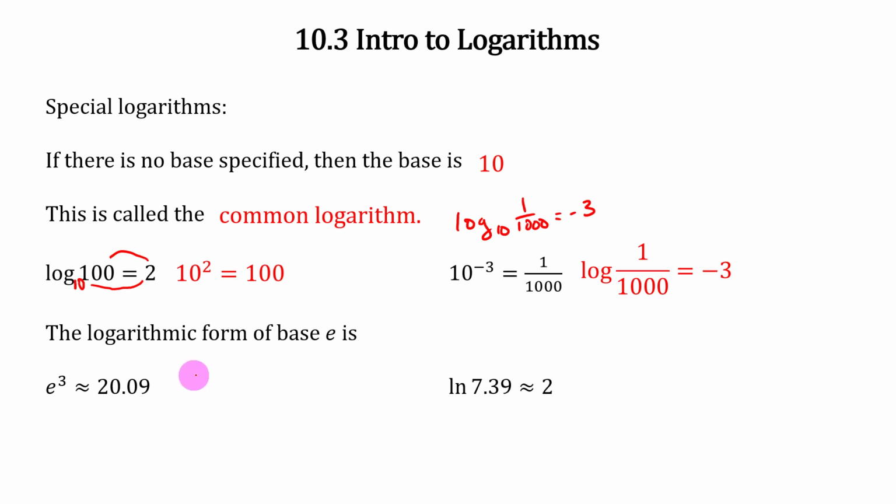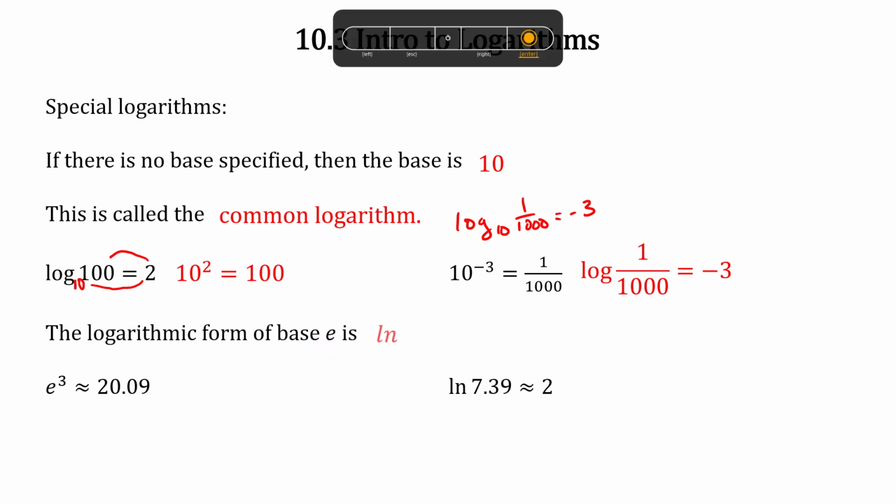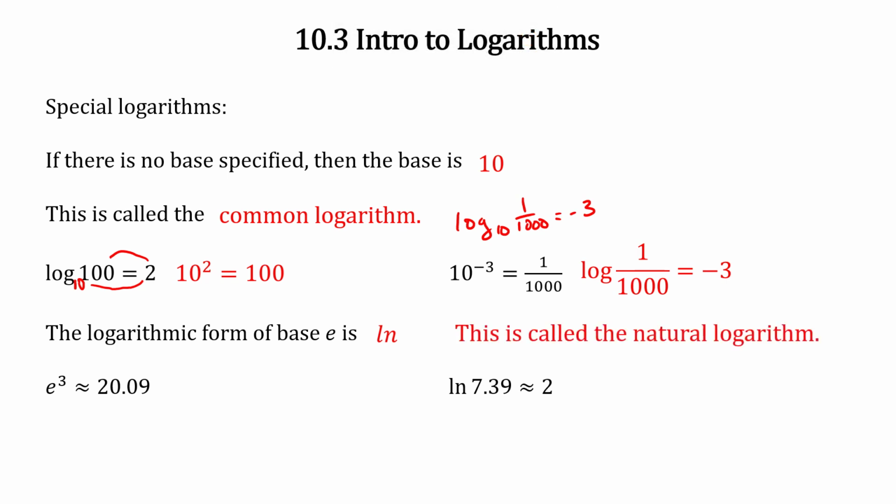Now, the logarithmic form of base e, which is a far more useful, highly used form, is called ln. The natural logarithm, logarithmus naturalis, some Latin thing like that. So normally I would write log base e of 20.09 is approximately 3, but we don't write log base e.